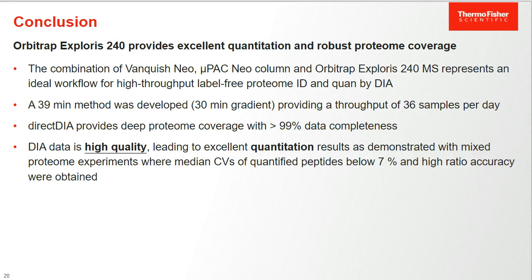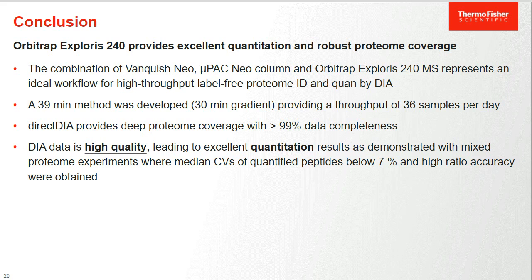So in conclusion, the combination of Vanquish Neo, mPAC Neo column and Orbitrap Exploris 240 mass spectrometer represents an ideal workflow for high-throughput label-free proteome ID and quantitation by the DIA method. A 39-minute method described here was developed with a 30-minute gradient, providing a throughput of 36 samples per day.